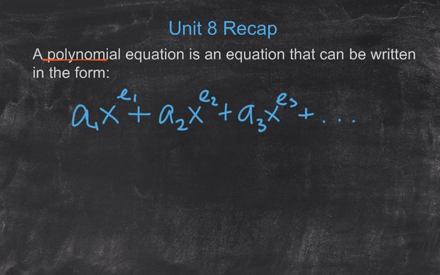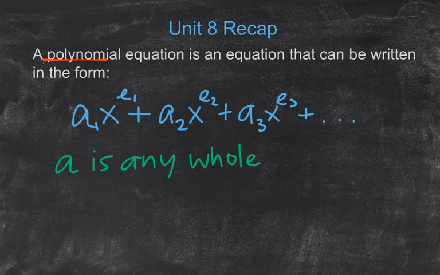And the reason I'm not just using different letters for the coefficients and the exponents is because then I can just be lazy and say this definition describes a polynomial as long as a is any number. Oh, I'm sorry, I said whole number, that's not true.